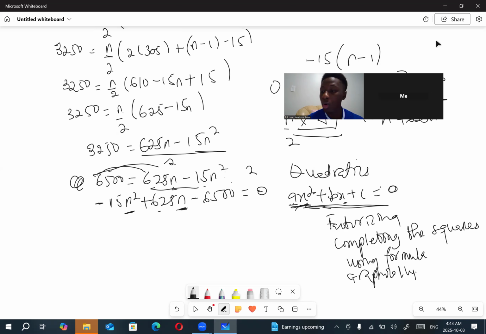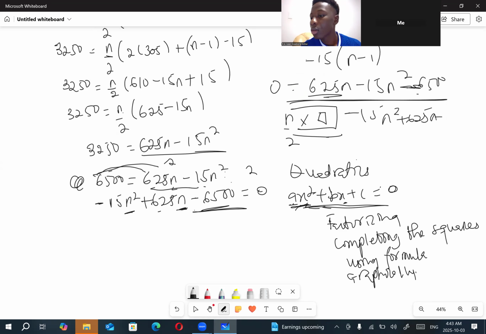Then the C is the constant, the number without any variable, which is minus 6500. Press equal to. Quadratics must give you two answers. The answer is 65 over 3, or 20.